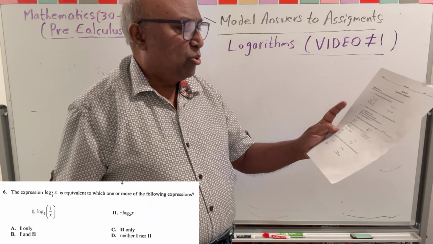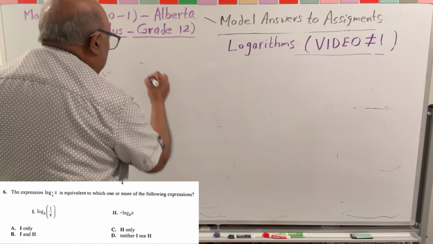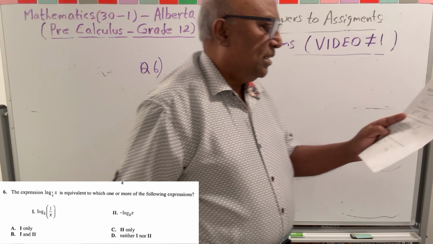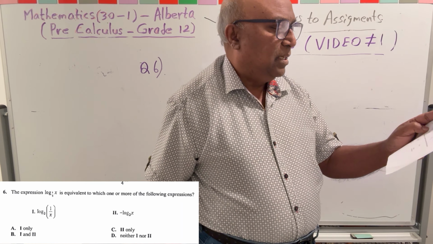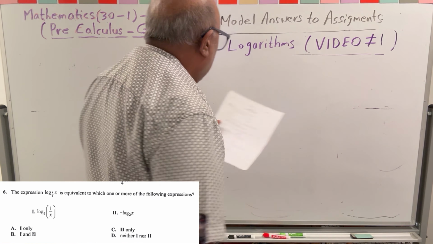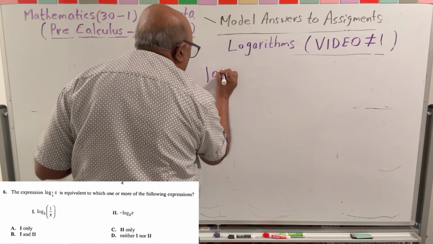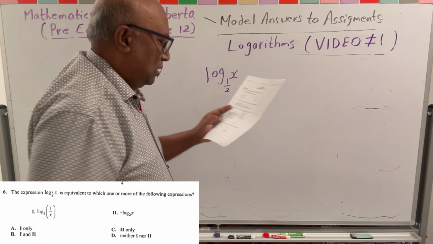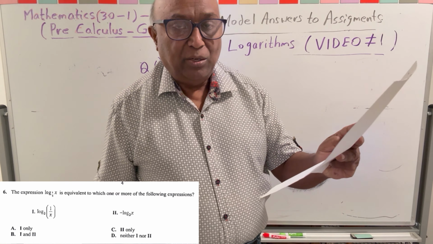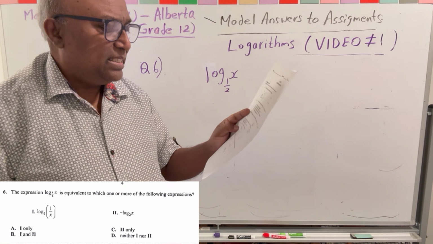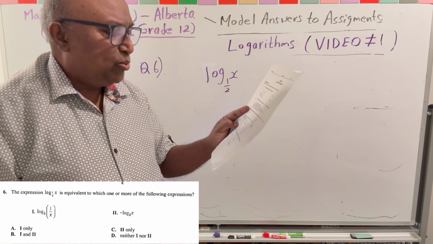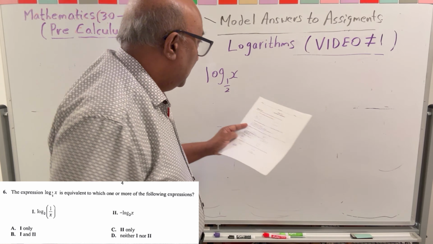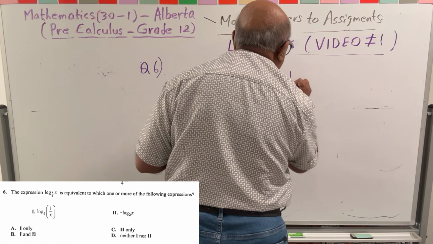Okay, now let's move to question number 6. What does question number 6 say? The expression log base half x. They are asking which one or more of the following expressions it is equivalent to. They have given two expressions.